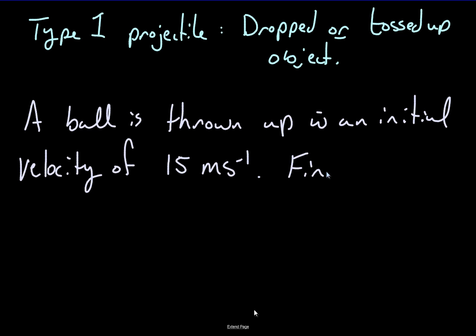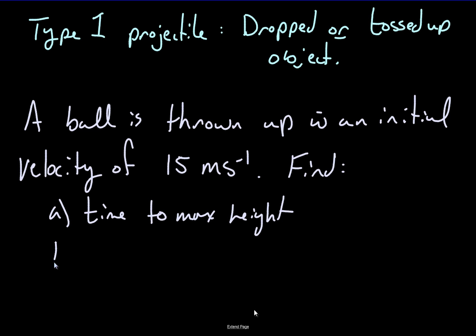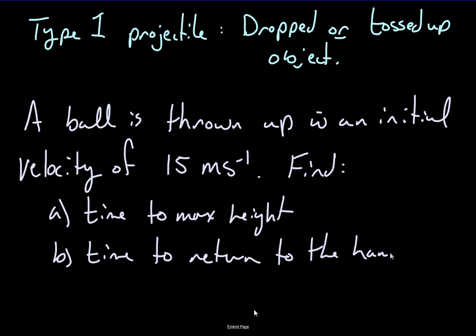Find, and you've done questions like this before, find A, time to max height, B, time to return to the hand that tossed it, and C, final velocity.